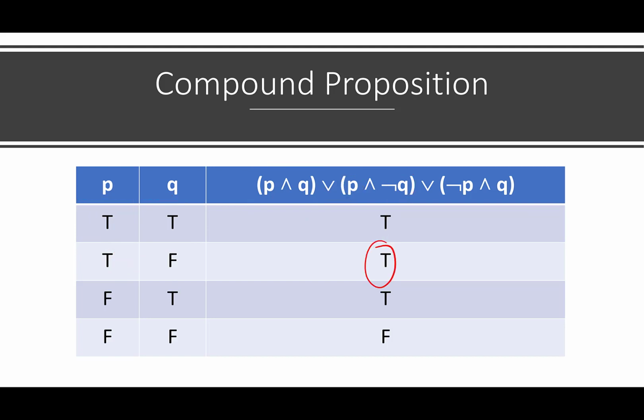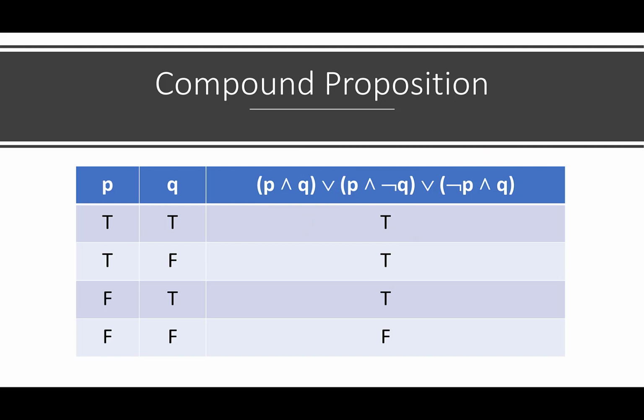And the last one, of course, same thing. If I have a P that's false and a Q that is true, so not P and Q, that will also give me a true. So it becomes a true statement that if one of these things is true, I will get a T right here. Now, at first glance, it might take a moment for that intuition to sink in.